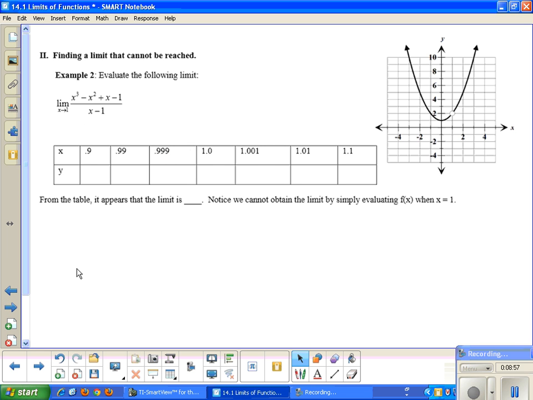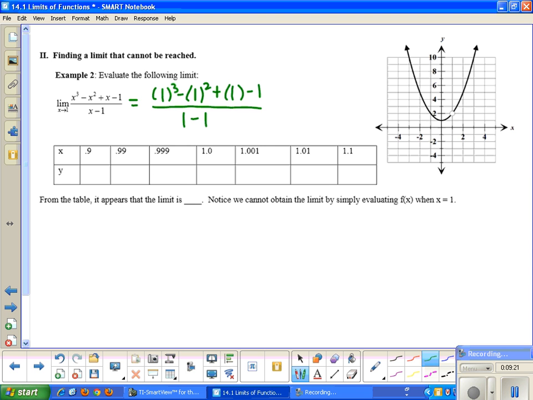So let's find a limit that cannot be reached. That means the value is not in the domain. For example, in this next problem, we want to find the limit as x approaches 1 for this function. If I plug 1 into this function as it is, we have 1 cubed minus 1 squared plus 1 minus 1, over 1 minus 1.